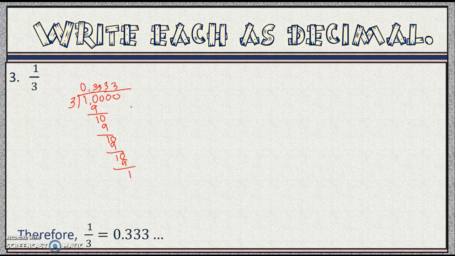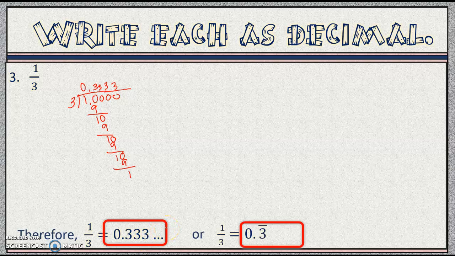So 1/3 is 0.33333, or we can rewrite it as 0.3 with a bar above 3. This is an example of a repeating decimal.